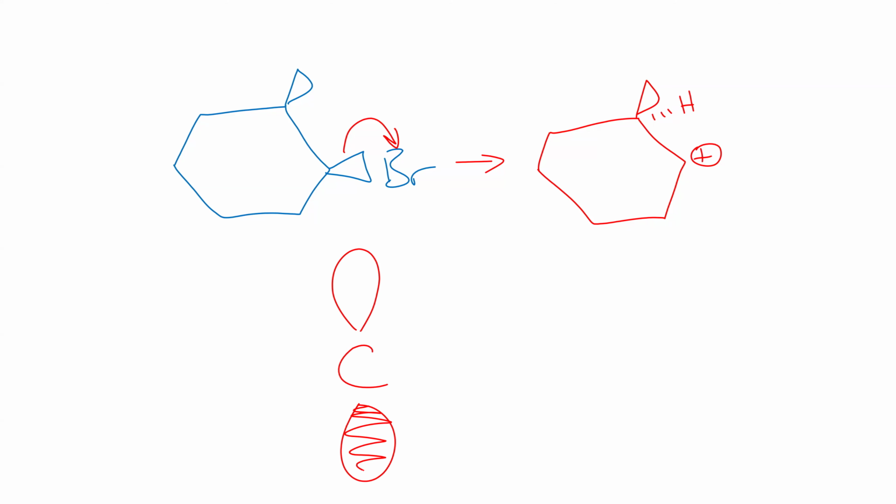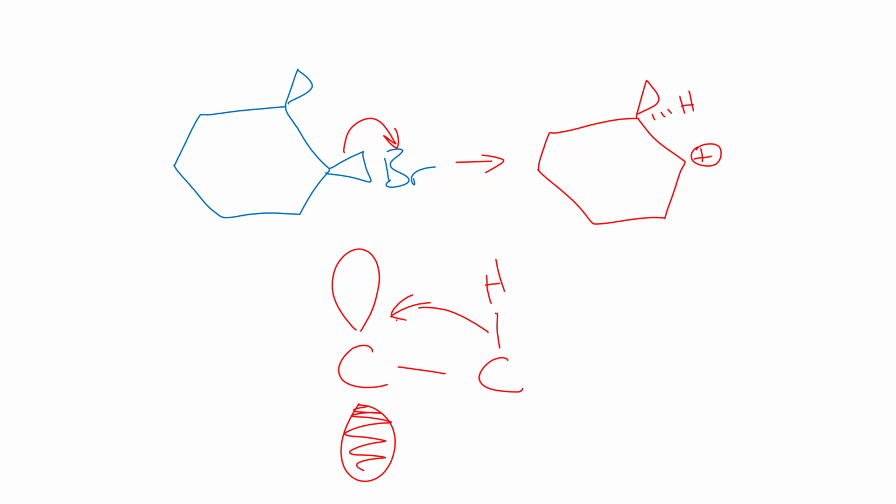If you have a carbon next to it that has a hydrogen, that carbon-hydrogen bond can donate a little bit of electron density over to make it more stable. That's why more substituted carbocations are more stable. The more carbons you have around it, the more those carbon bonds can give a little bit of electron density, so it's not a completely empty spot.